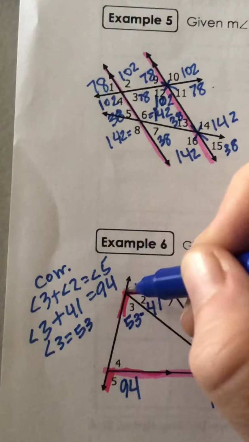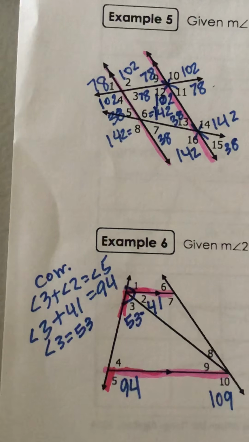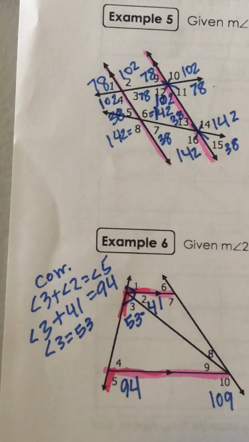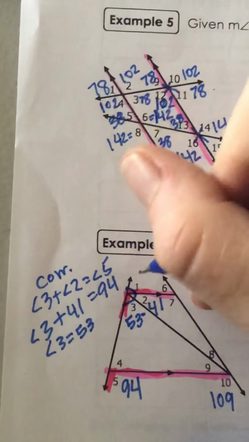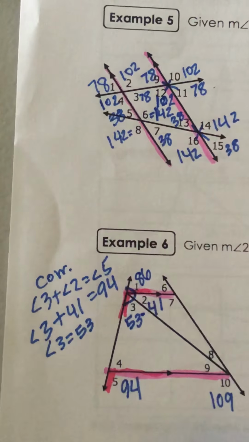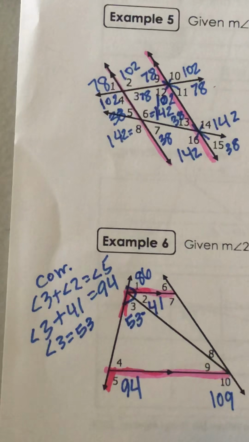Because angle 1, 2, and 3 are all a linear pair. So now I can do 180 minus 41 minus 53. Um, 86. Okay, 86.